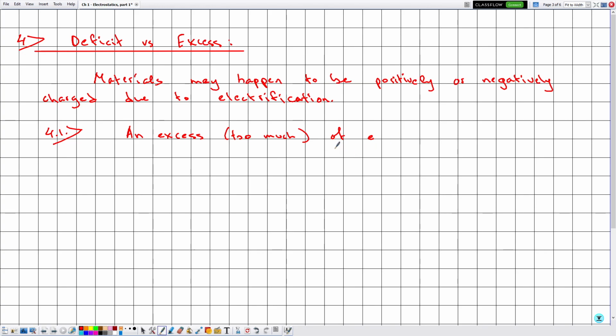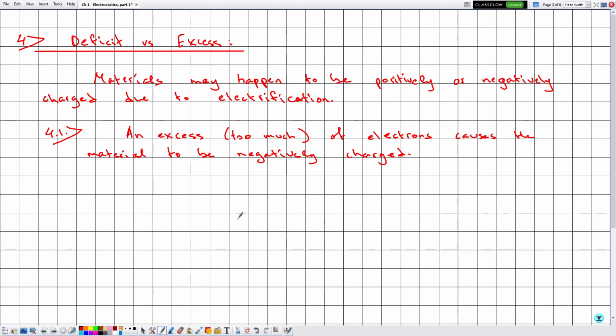So this causes the material to be negatively charged.